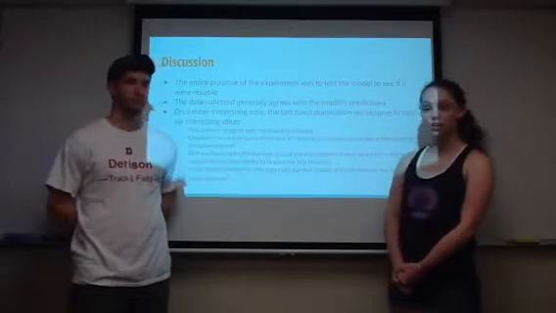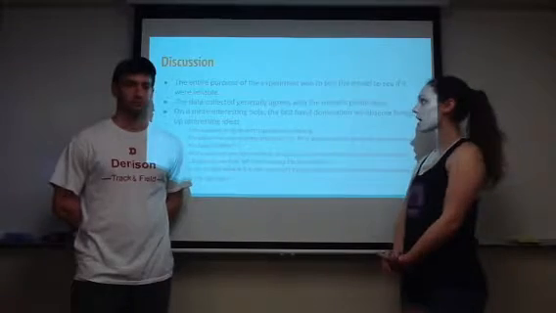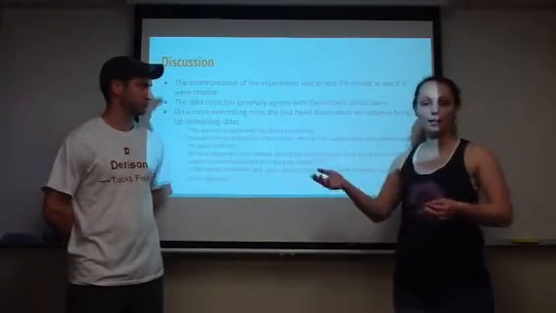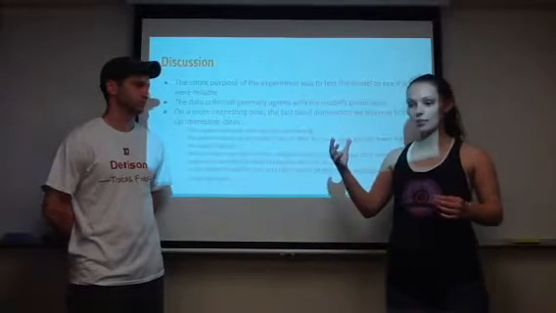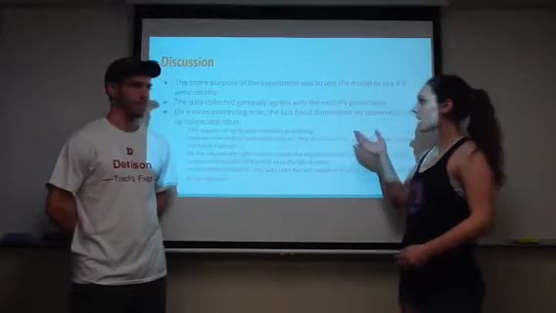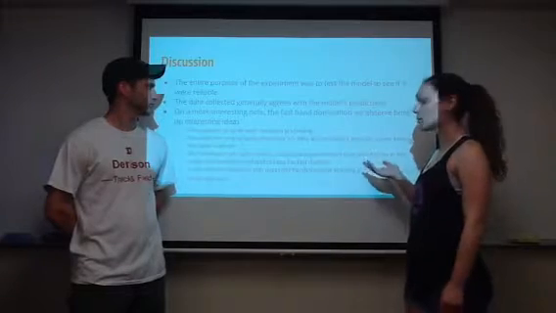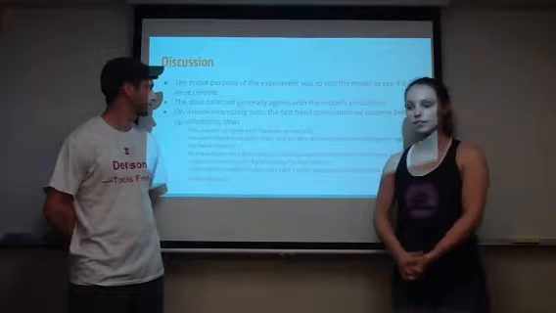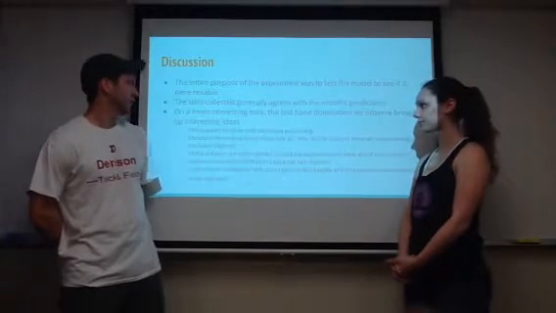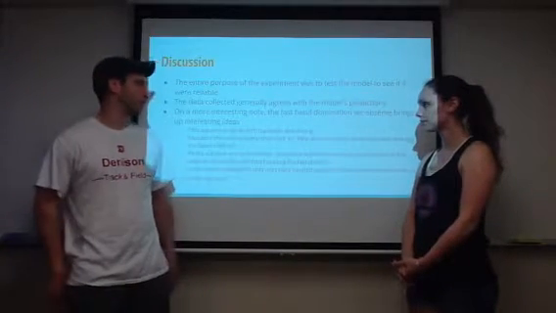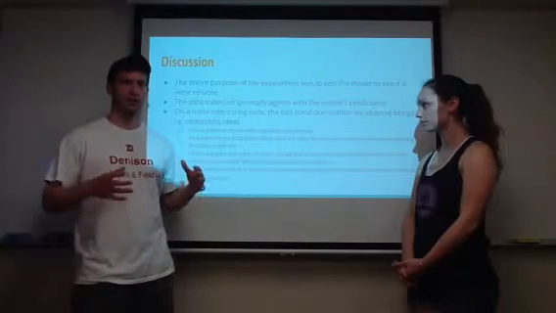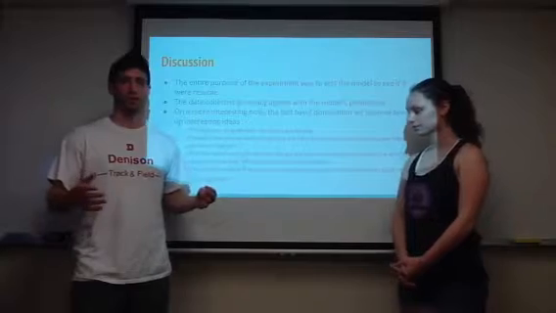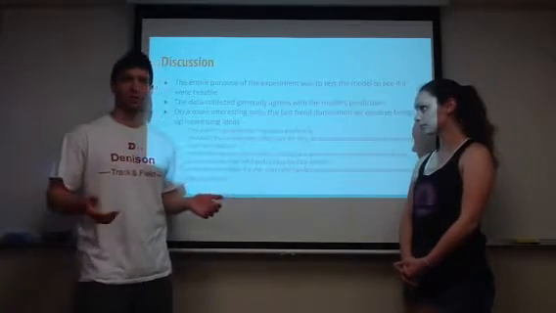So for our discussion, overall, the entire purpose of the experiment was to test the model to see if it was reliable. And part of that was the points that Michael just made, and the data collected generally agrees with the model's predictions. So that's really great for the experimenters. And then on a more interesting note, the fast hand domination that was observed, I thought was really interesting. There are a couple of ideas I wanted to bring up, and I guess they're hypothetical questions for you because you're not a live audience.